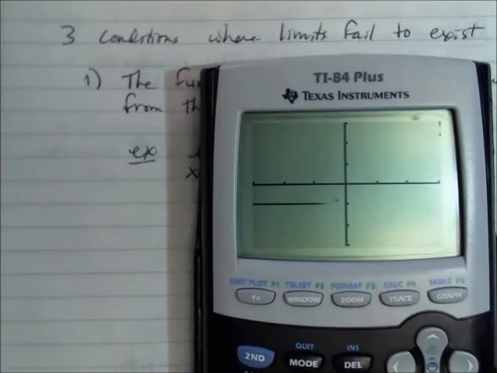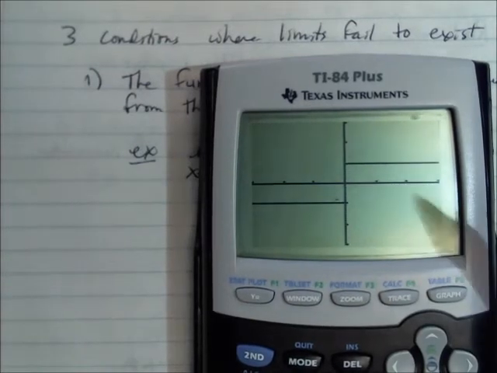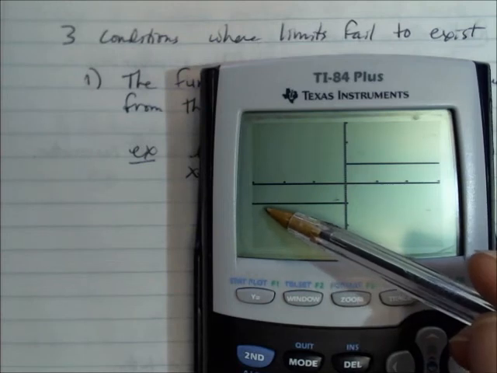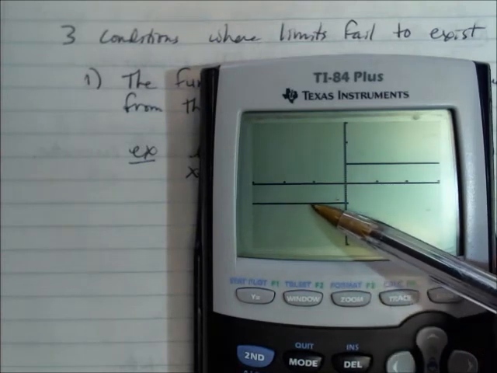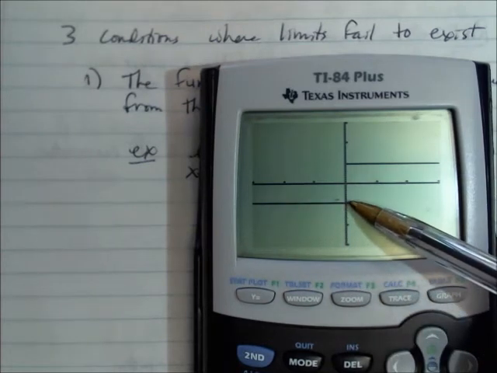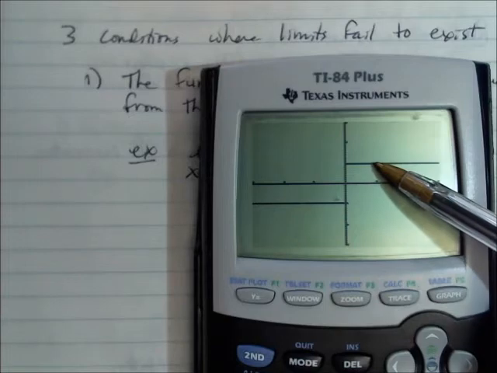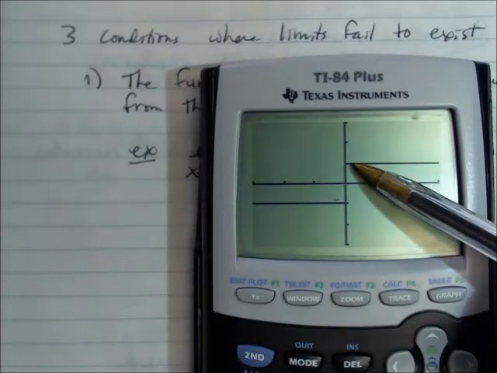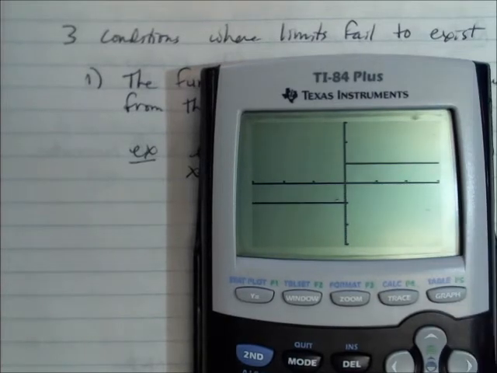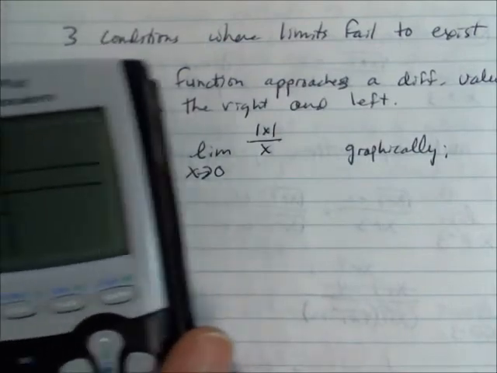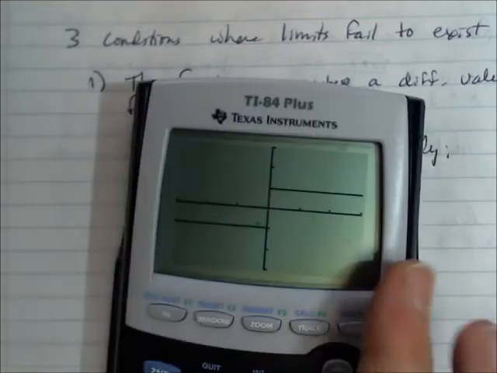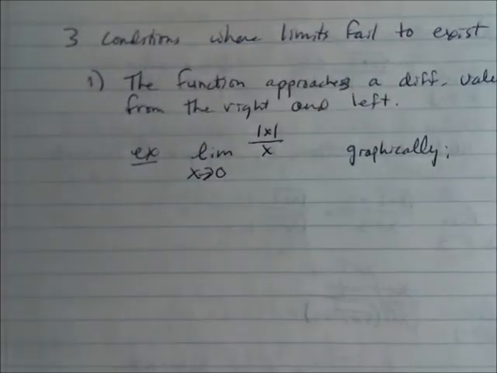And if I look at this graph, and if I look at the y value as x approaches 0 from the left, this y value equals -1. If I'm approaching x equals 0 from the right, this value is equal to +1. So what happens is we have two different values from the left and from the right.